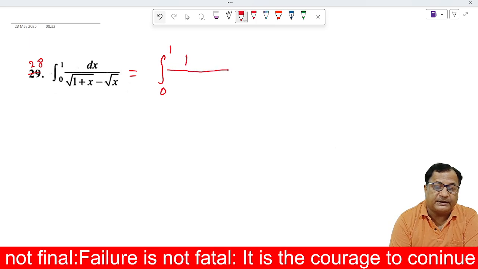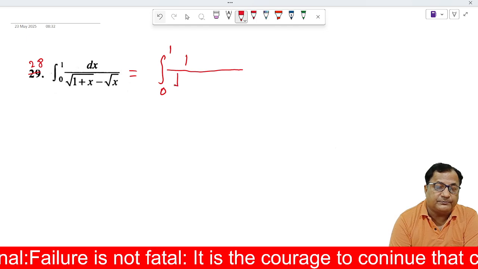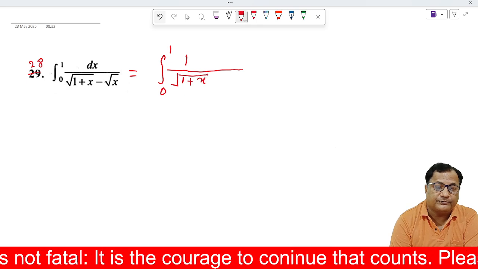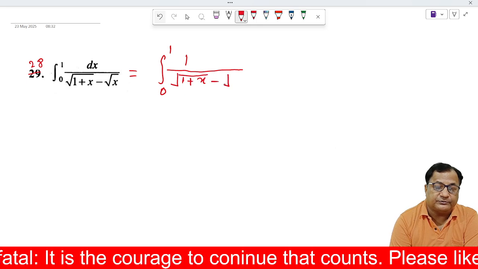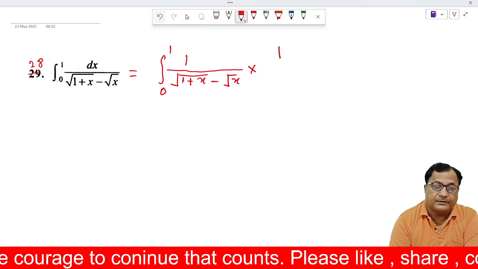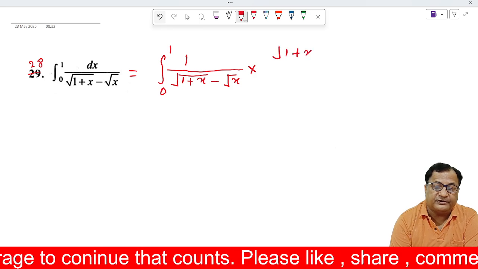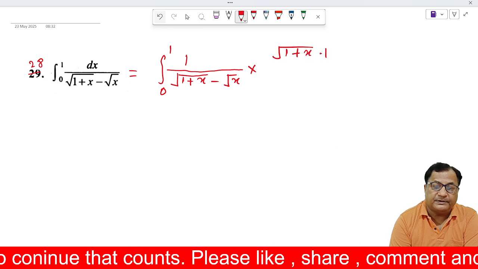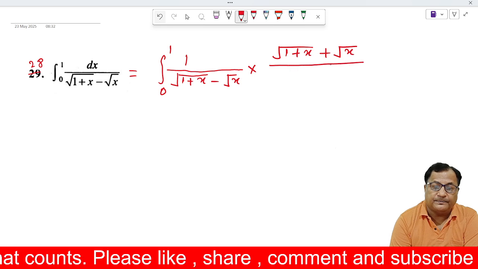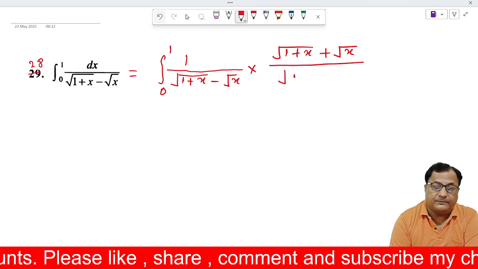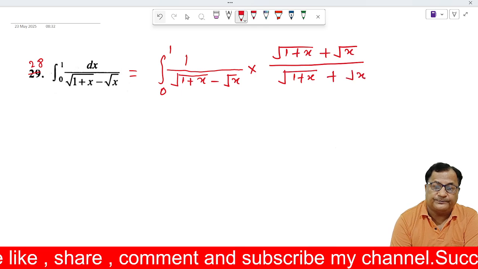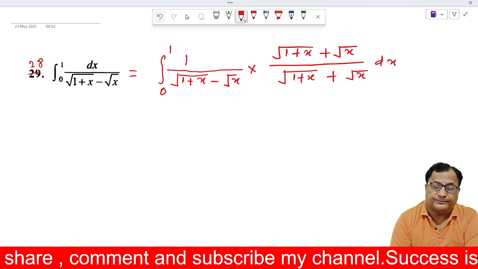We will multiply this by (1 plus x minus root x) into (1 plus x plus root x), divided by (1 plus x plus root x) dx.